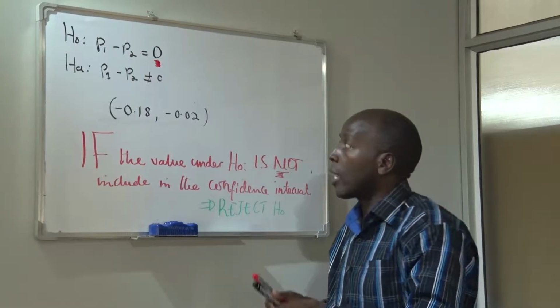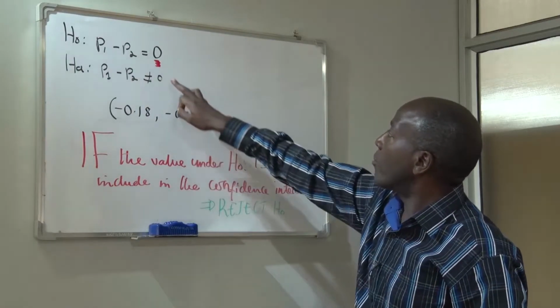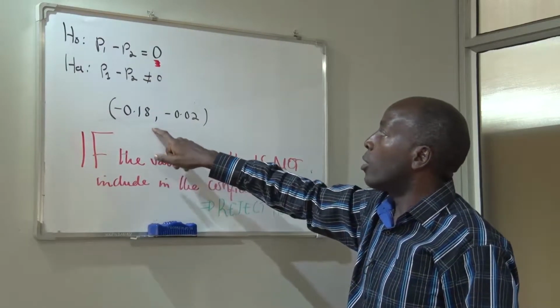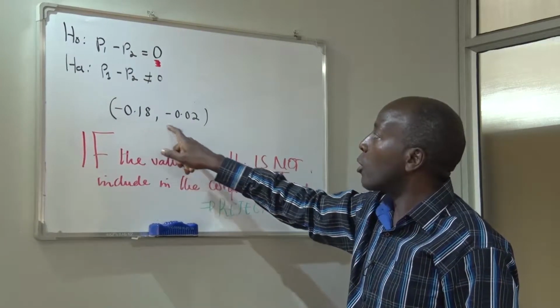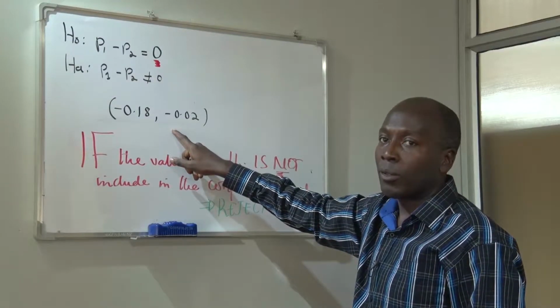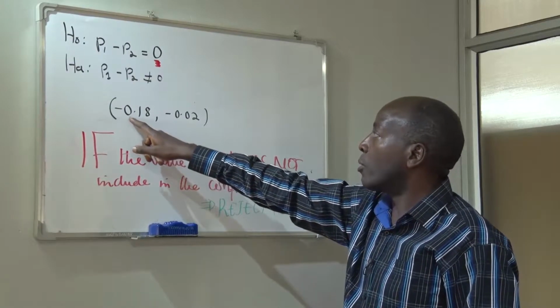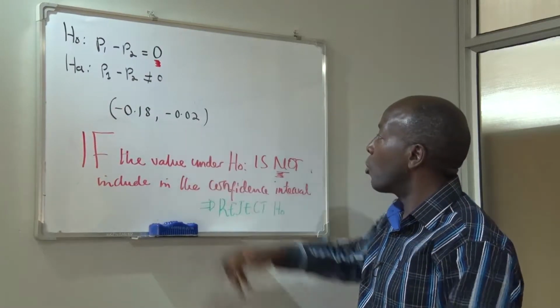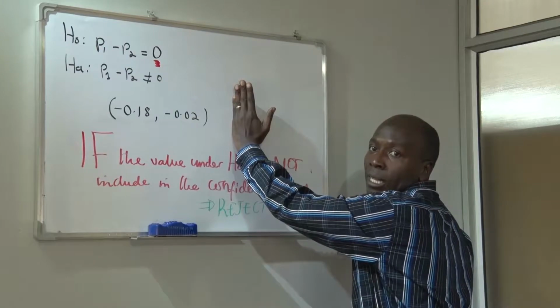Okay, let's see this example here. The value under the null is 0. P1 minus P2 is equal to 0. This is the confidence interval. Is 0 included in this confidence interval? No, because it ranges from minus 1.8 to minus 0.02. 0 is still on this side.